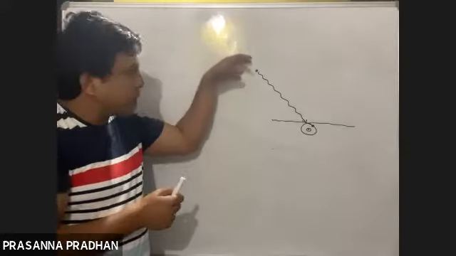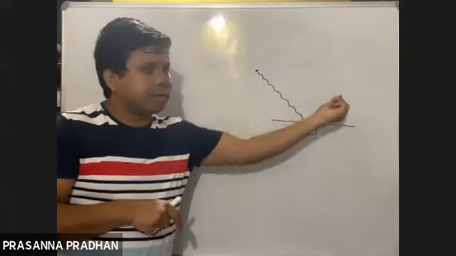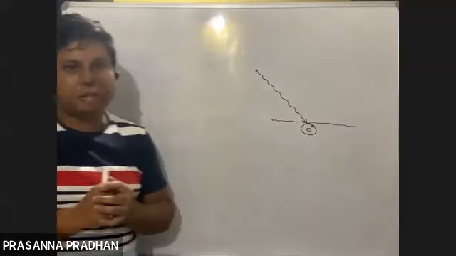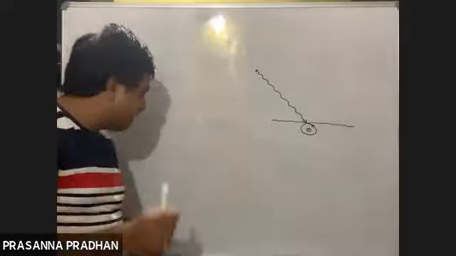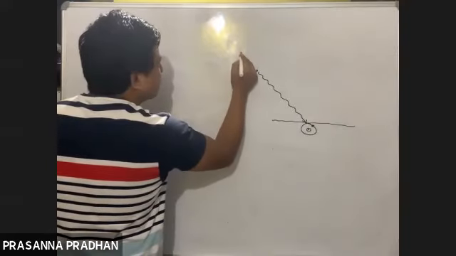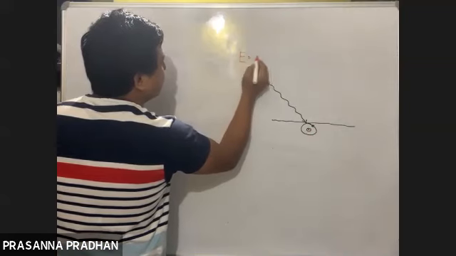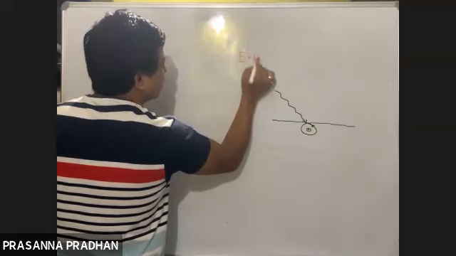The light must have sufficient energy to pull this electron away from the attraction of the nucleus. That means for a photoelectric effect, the light must possess a minimum amount of energy, and this minimum amount of energy is known as the threshold energy.